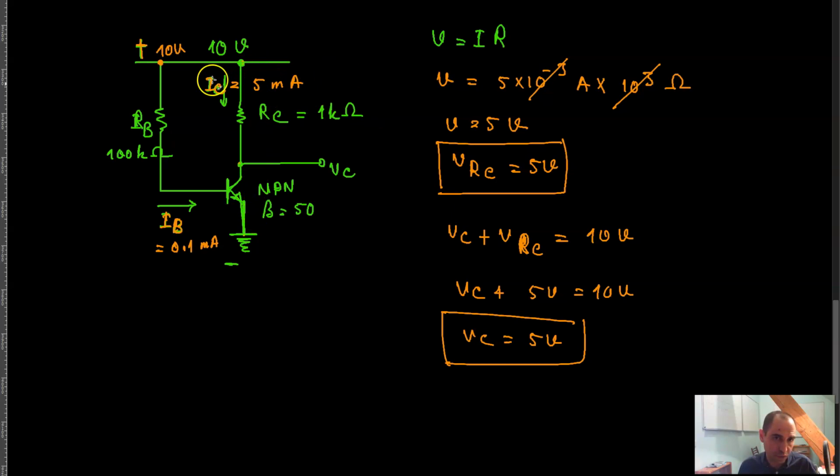So how can you get more collector current? By increasing your base current, you will get more and more collector current, right? More collector current means more voltage drop across this resistor, and that in turn means less voltage drop across this PN junction.